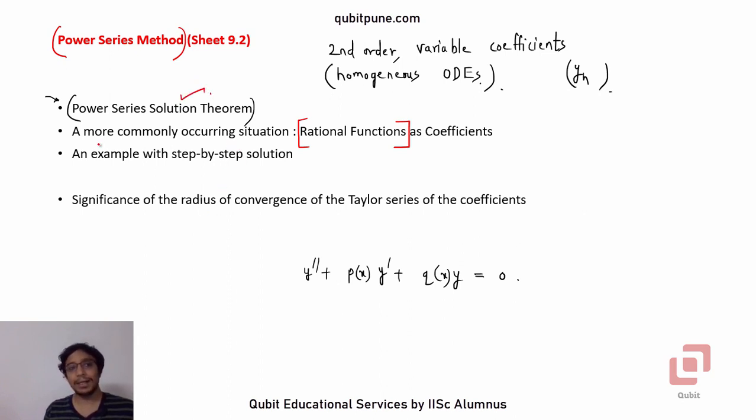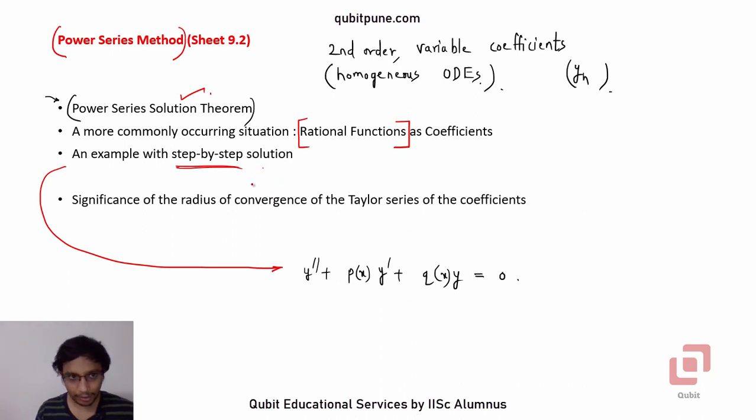And once we do that, then we will see an example of solving a differential equation of this kind by the power series method. And I think you should note the steps that we are going to follow very carefully while we solve this particular problem.